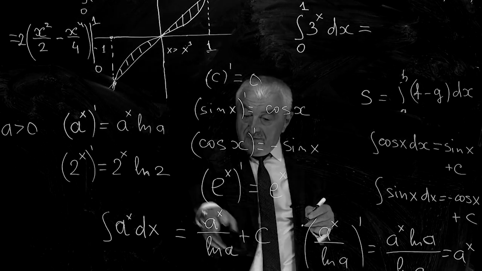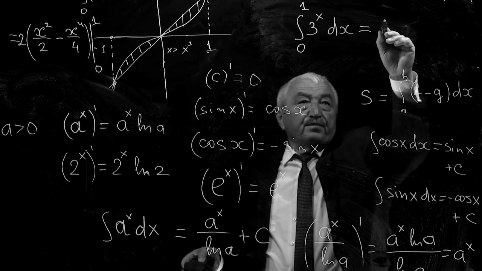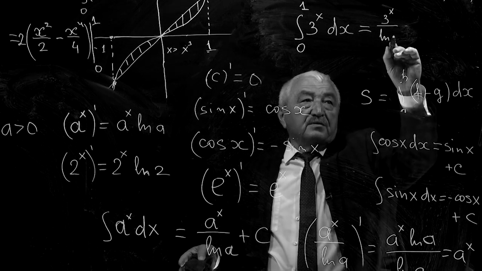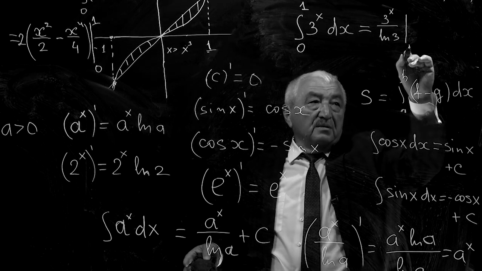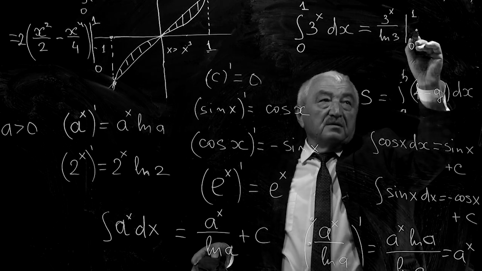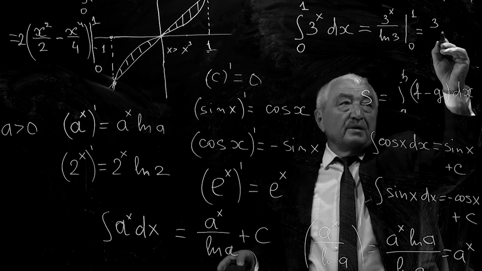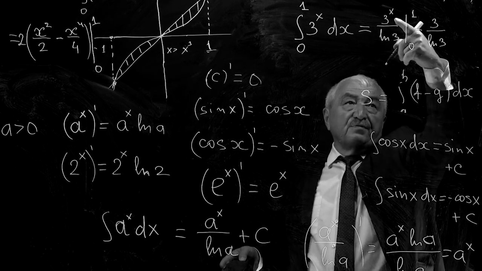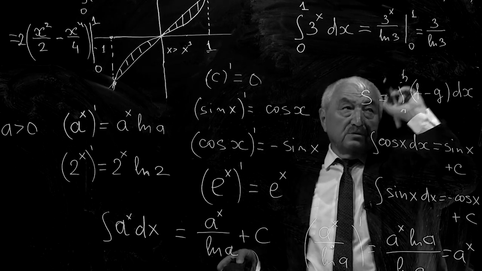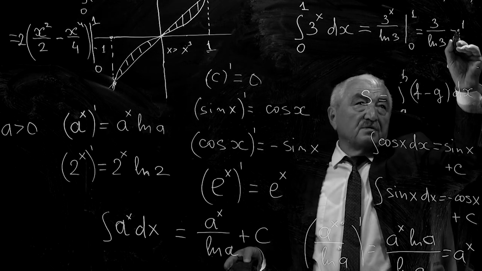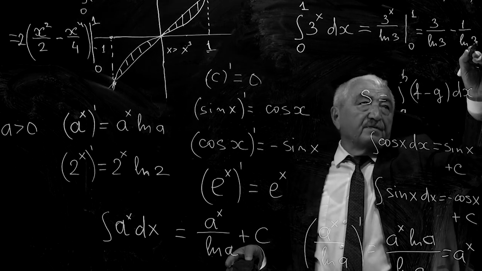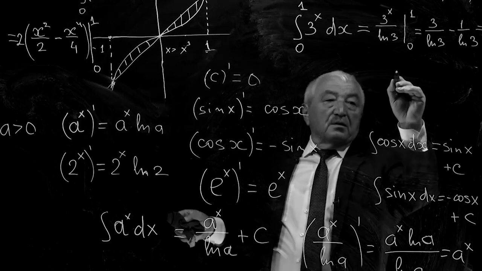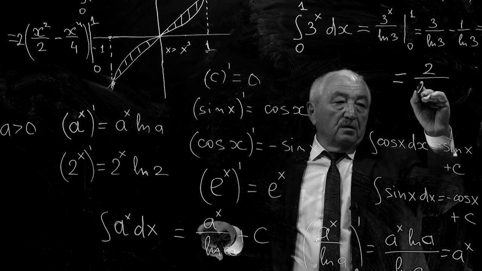According to this formula, we have 3 to the power x divided by the natural logarithm of 3 between 0 and 1, which is equal to 3 to the power 1 divided by the logarithm of 3 minus 3 to the power 0, which is 1, divided by the logarithm of 3, equal to 2 divided by the logarithm of 3.